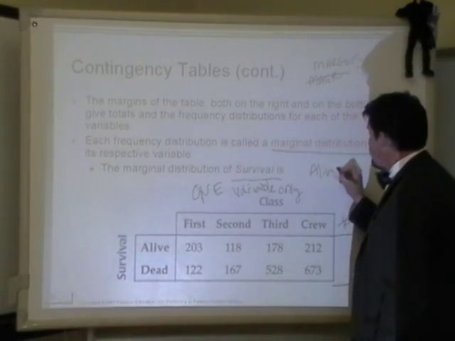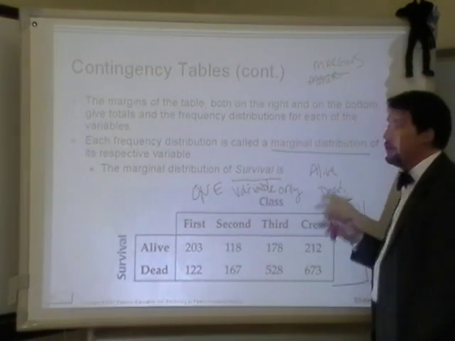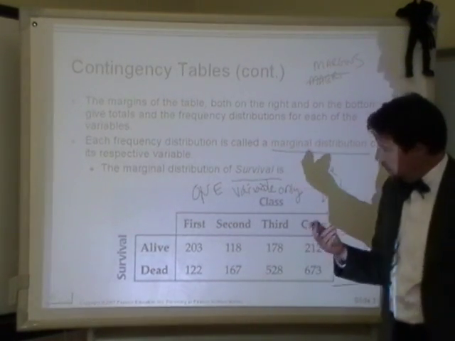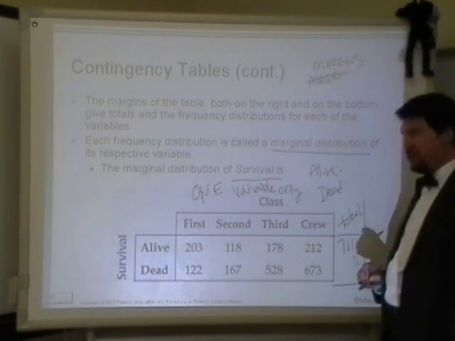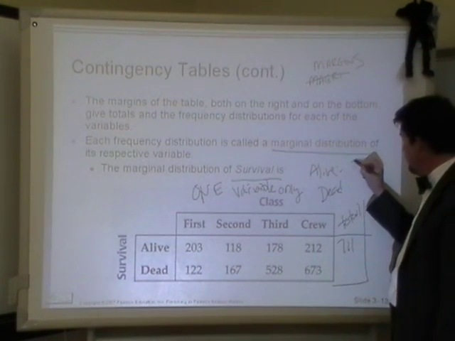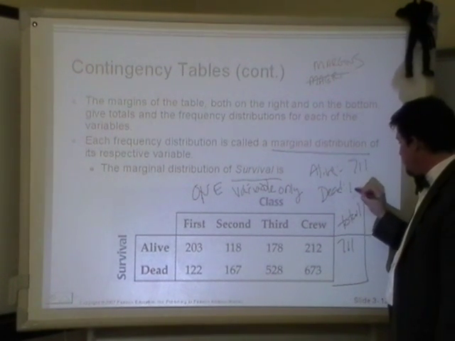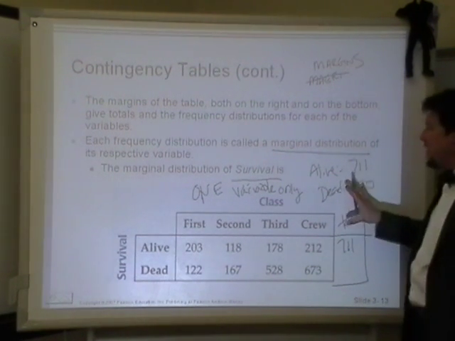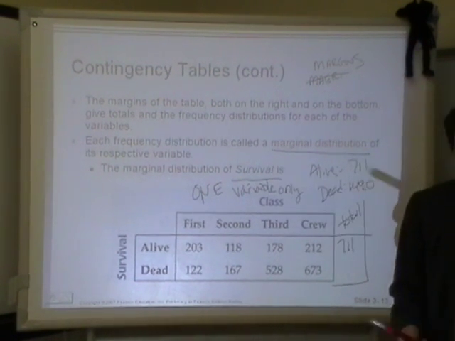Well, you had the opportunity to be alive. You had the opportunity, awkwardly, to be dead. And how many people were alive? Well, we saw that in the last table. It was 711. And then those that were dead was 1,490. So that is the marginal distribution for survival.